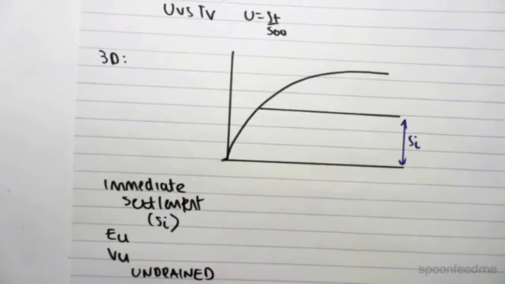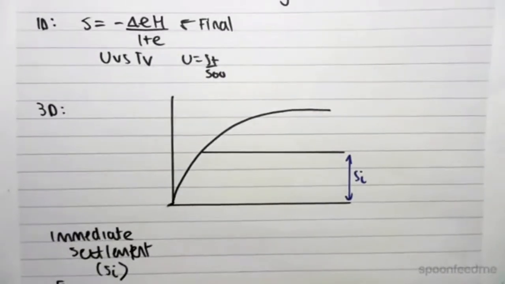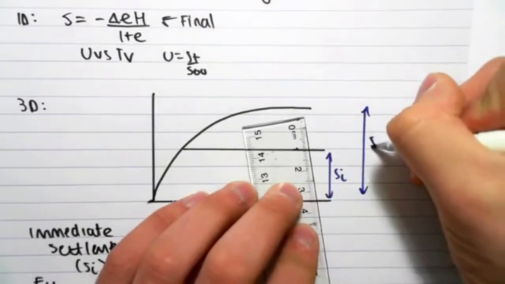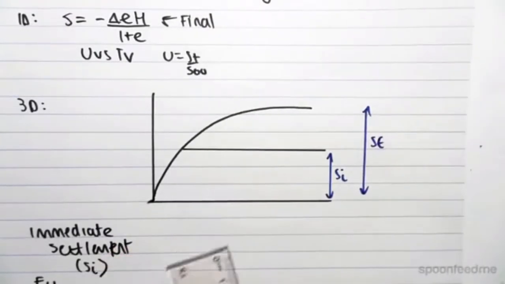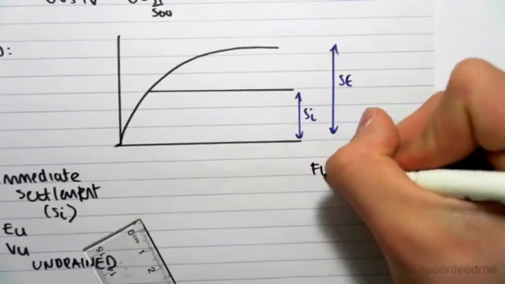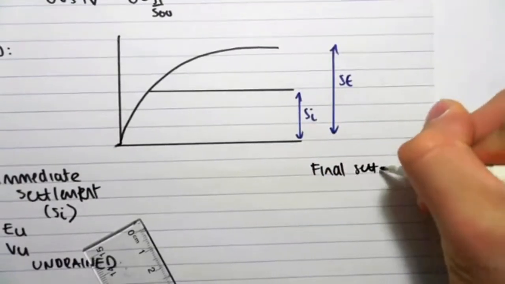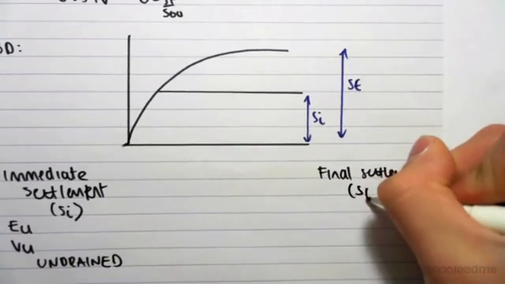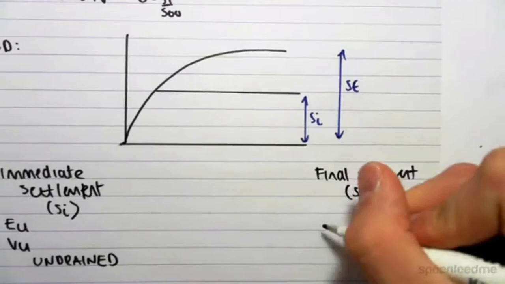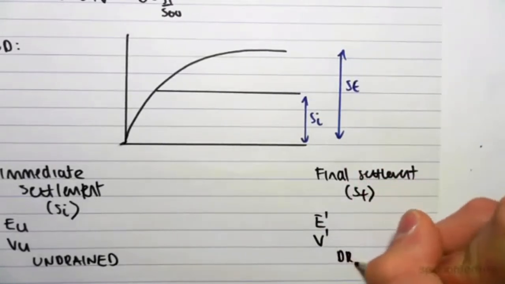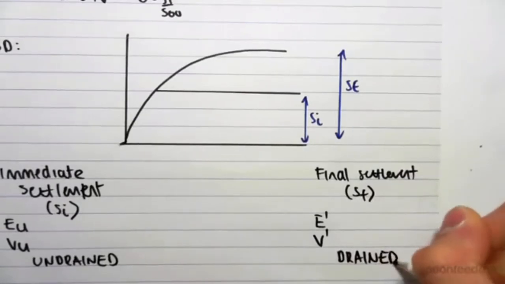Now, this up here represents the final settlement, S subscript F, the final total settlement. So for the final settlement, which is S subscript F, we're going to be using the E dash and V dash because this was for drained conditions. So I hope that makes sense.